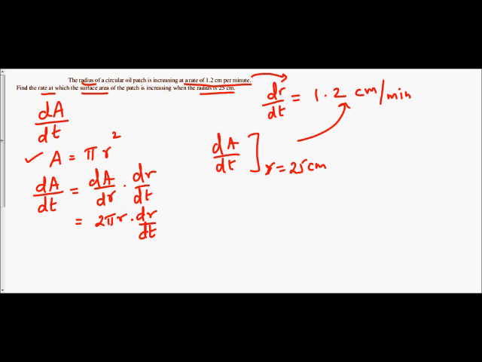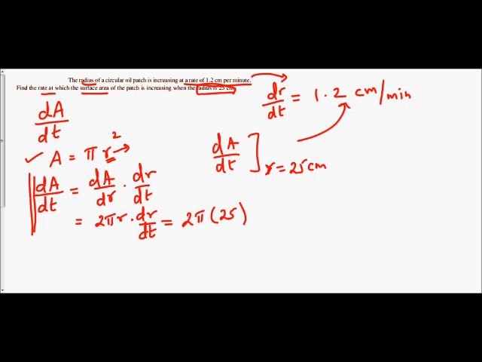So it's very simple. This is dA dt, and just substitute the value of r here. Do not substitute it in this place. You are not supposed to substitute r equal to 25 here. You are supposed to substitute it only after differentiating. At the final point is where you substitute the value of the radius.